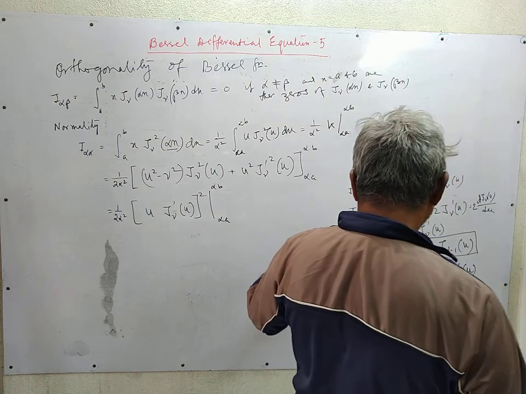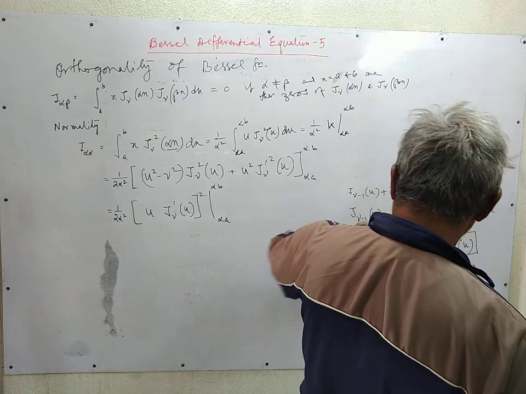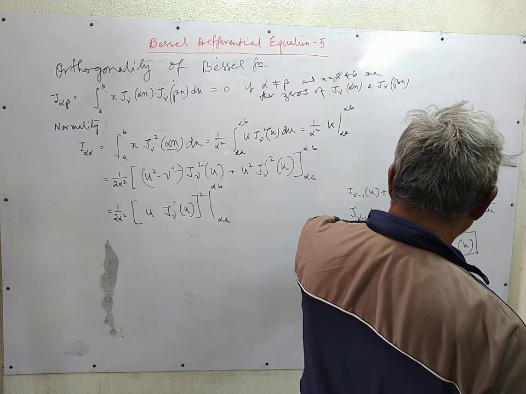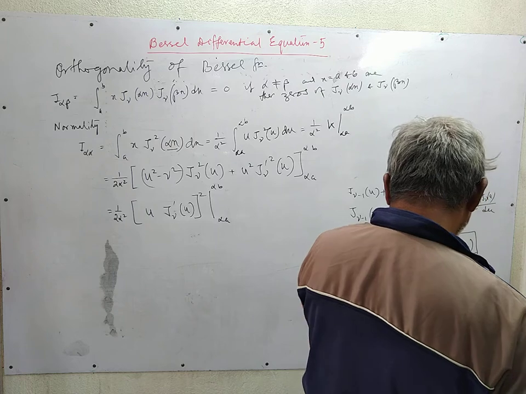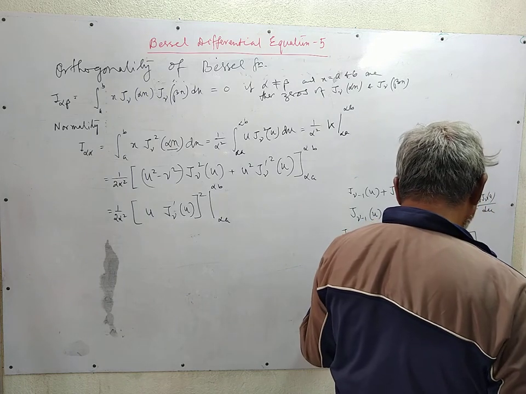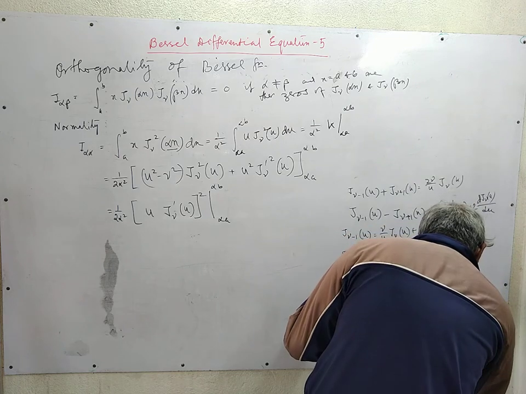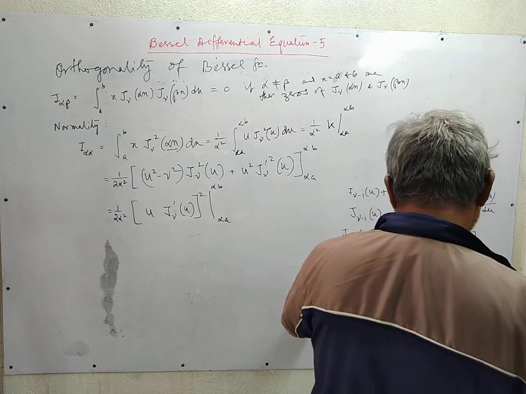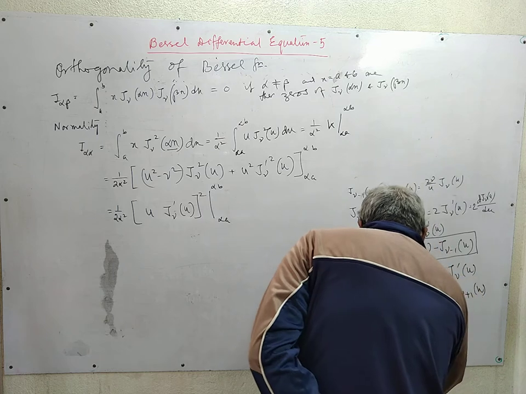I am subtracting this from this, so this is plus, this minus this. We are taking it on the other side, so this side must be minus. This is the other relation.